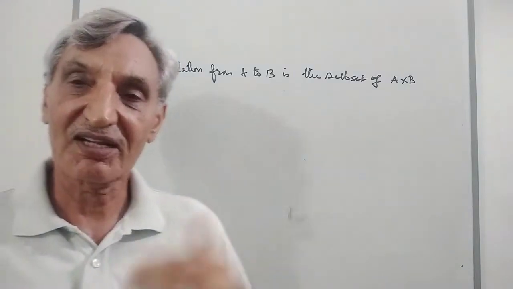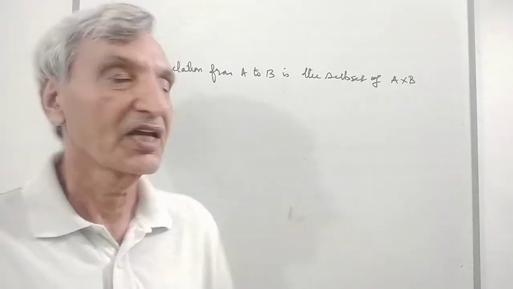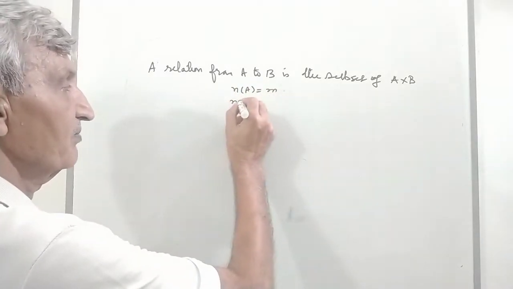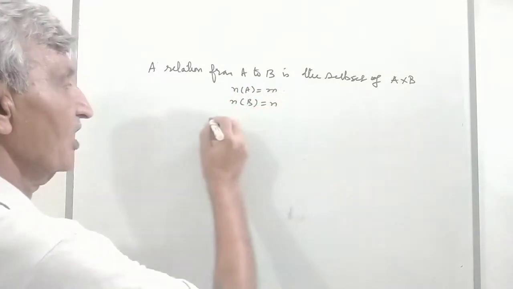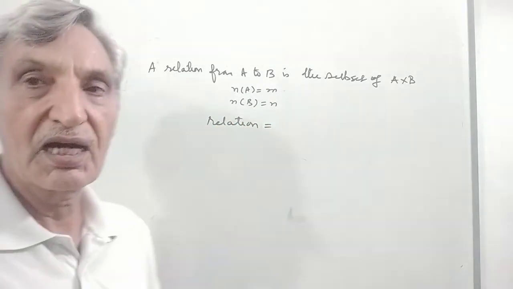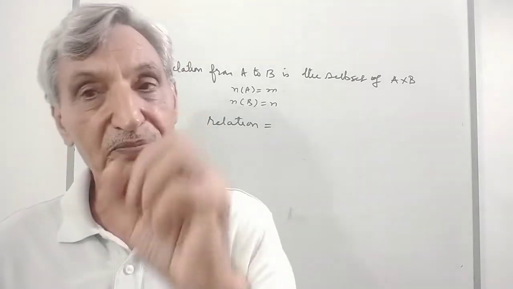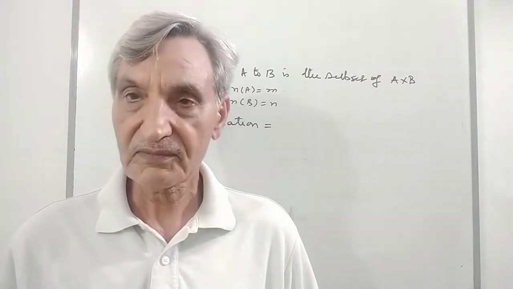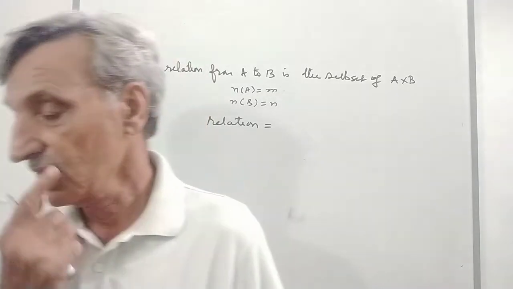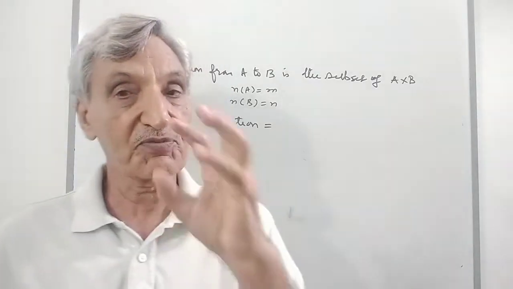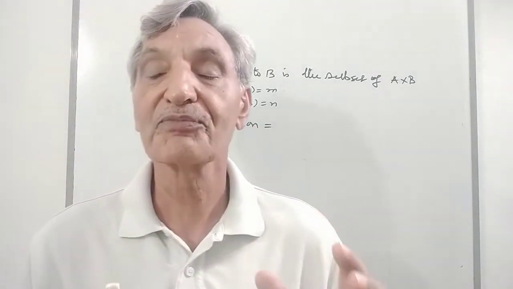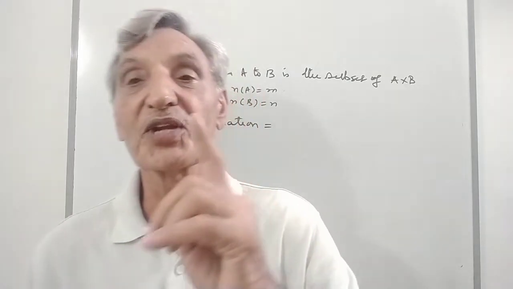How many relations are possible if the number of elements in A is m and the number of elements in B is n? I did this in my earlier video, so go through it. It's a very important question. Relations are subsets of A cross B. If a set has n elements, its number of subsets is 2 raised to power n.